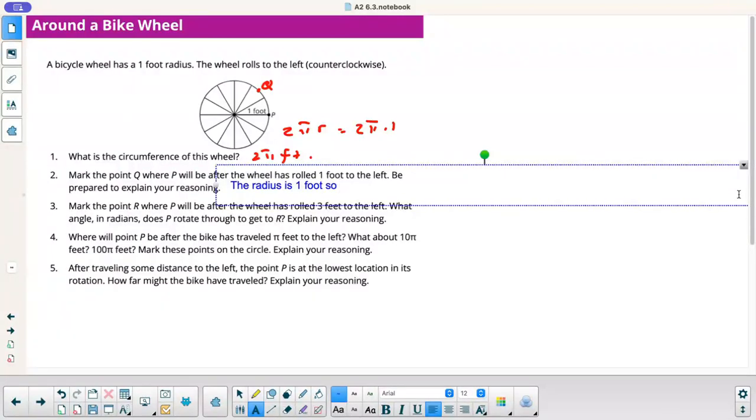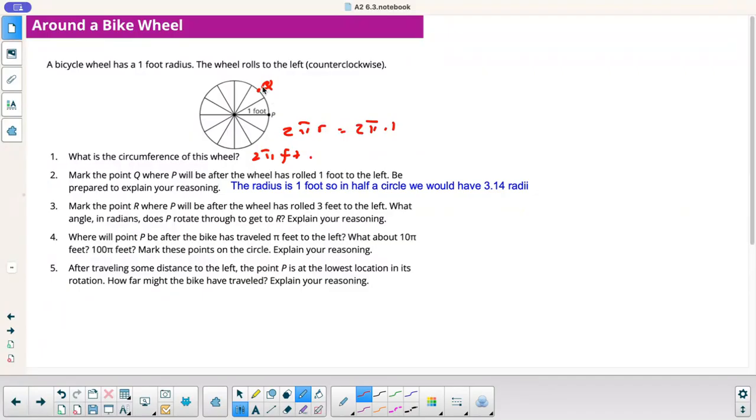So in half a circle, we would have 3.14 radii. I'm just estimating it there, but I'm saying, okay, 1 arc, another arc, another arc, and then you've got this 0.14 left. So it'd be 1, 1, 1. Half a circle would be 3.14.